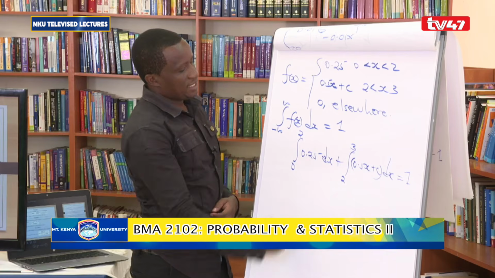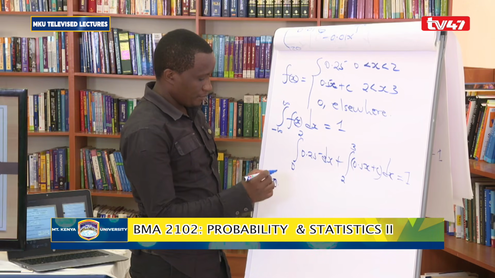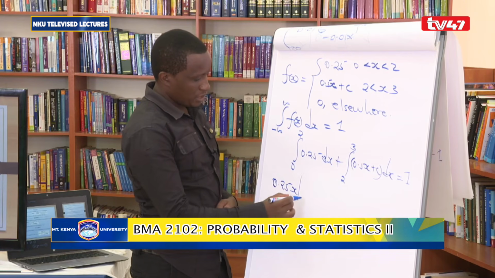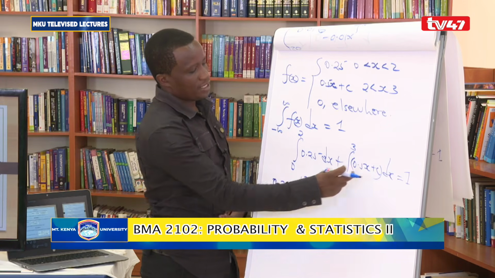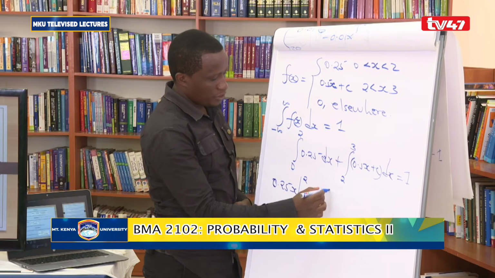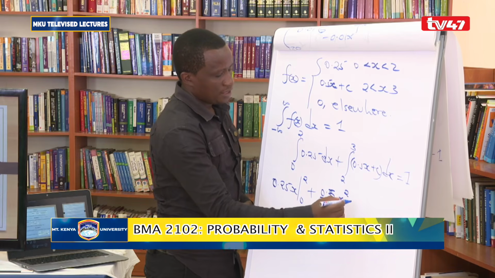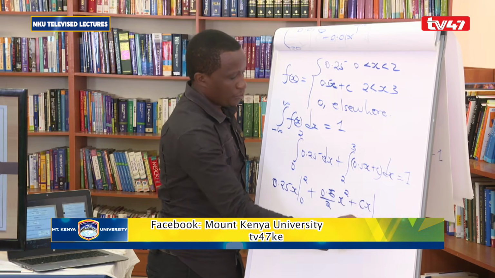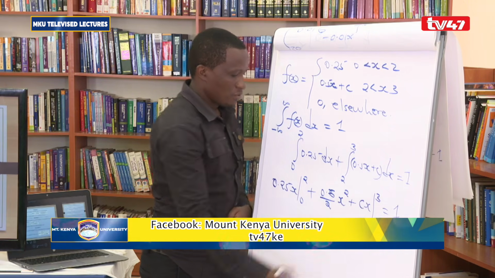Now if I integrate this with respect to x, I get 0.25x, put limits 0 to 2, plus, if I integrate this with respect to x, I can split the 2, so that I have 0.25 divided by 2, then x squared plus cx, then we put limits 2 to 3, which should give us 1.